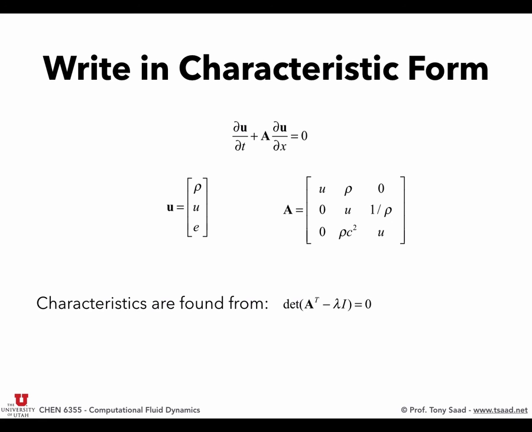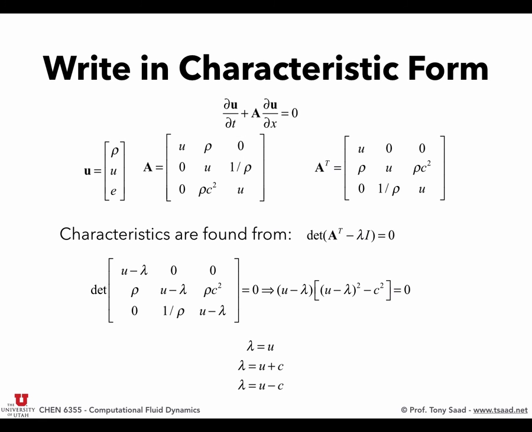Okay. So it turns out that the determinant of this whole thing, A minus lambda I, you get this form: u minus lambda times u minus lambda squared minus c squared. And you have three roots: lambda equals u, lambda equals u plus c, and lambda equals u minus c. So what does this tell us? This characteristic moves information at u.